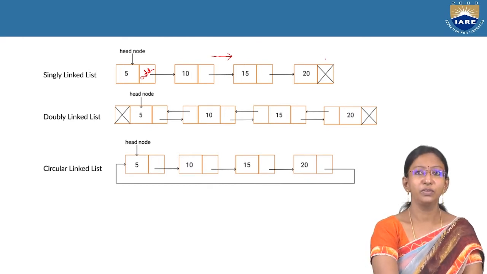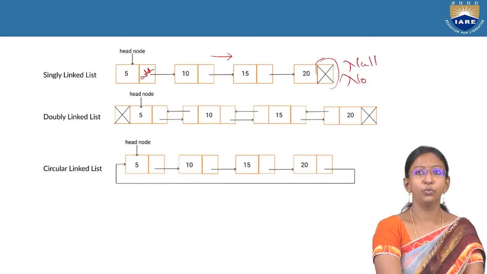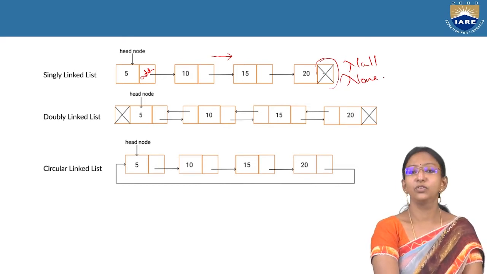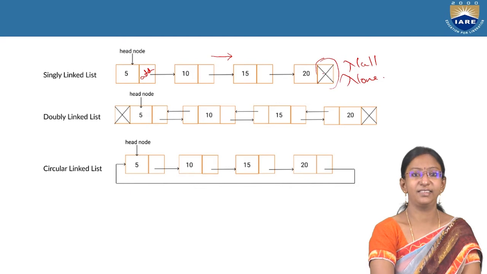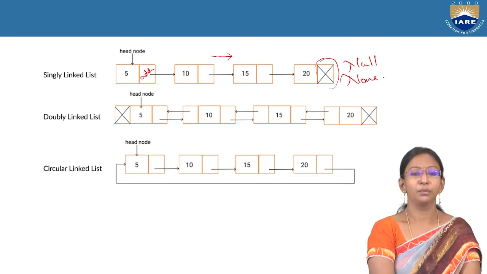Any node whose address part or link part is null or none, we can say that it is the last node, or it does not have any node next to it. Thereby, it becomes the last node of its kind, right? So this is simply a single linked list, which is unidirectional.